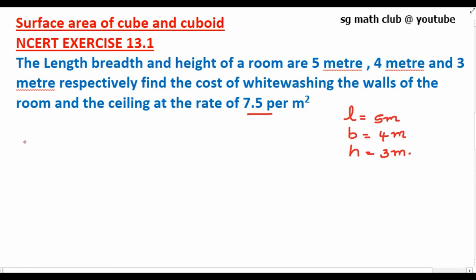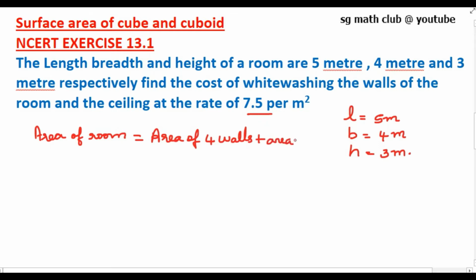So before that, first we need to find the area of the room to whitewash. So area of the room, they have told, 4 walls plus the ceiling. So area of 4 walls plus area of ceiling we need to find out.